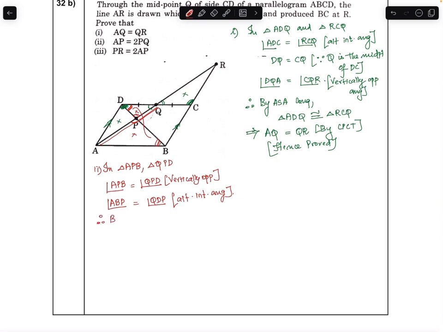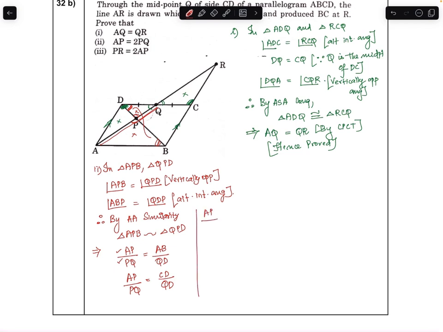Therefore, by AA similarity, triangle APB is similar to triangle QPD, which implies that the ratio of the sides are proportional. AP upon PQ is equal to AB upon QD. We need AP and PQ, so let's retain these two and replace AB with CD and let the QD also remain.